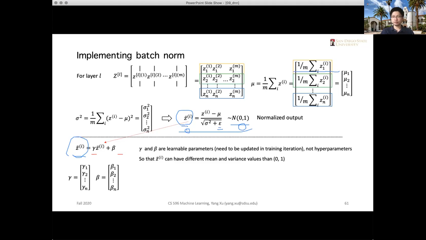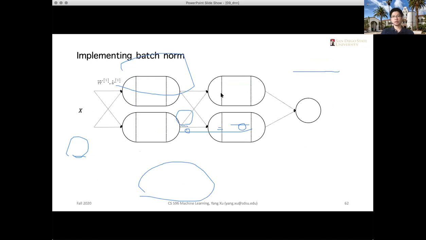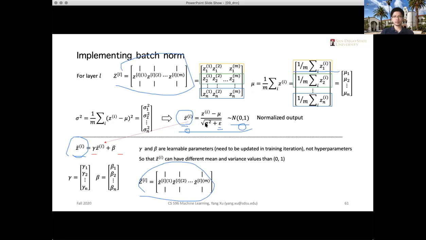It's like we limit the activations within a very narrow range, okay? So this z tilde will be used instead of the original z's. Originally we just used the z's, but now we use the z tilde, and this z tilde will be used to compute the activations, not the original z's, okay?